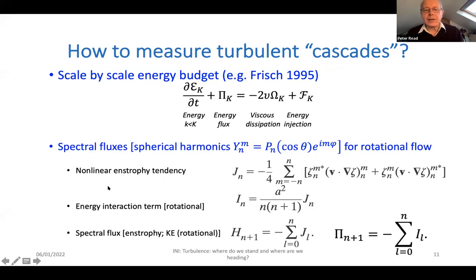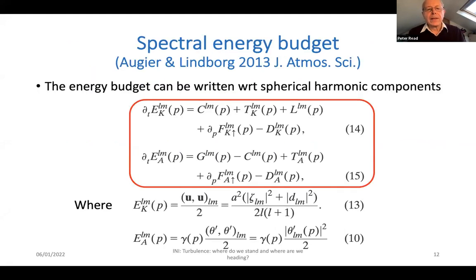You can convert this to an energy interaction term, as shown here, and that can then lead to a spectral flux, which we get by integrating over wave number, for both entropy and for the kinetic energy, at least based on the rotational component of the flow, using this kind of formalism.